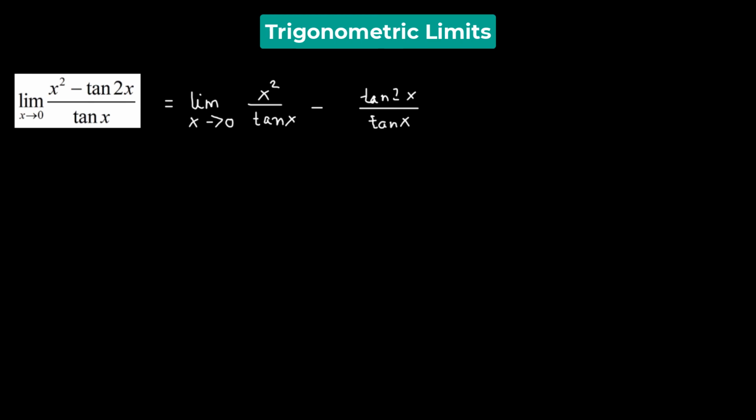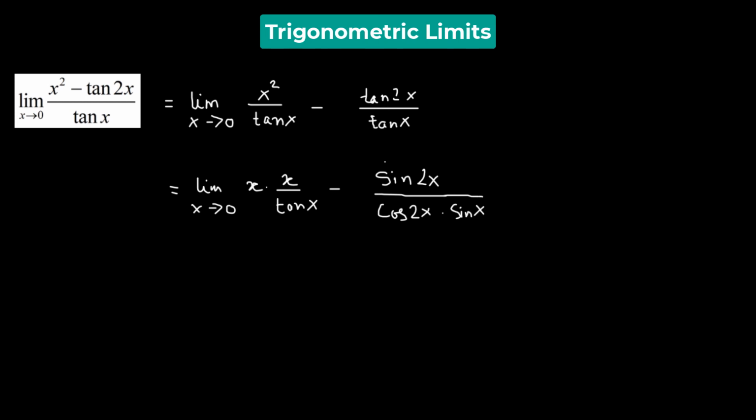Now the limiting value of the first trigonometric function, we can rewrite it as x times x over tangent of x minus tangent of 2x, which can be written as the ratio of sine 2x over cosine 2x, and we have a tangent of x in the numerator, so that can also be written as the ratio of sine x over cosine of x.